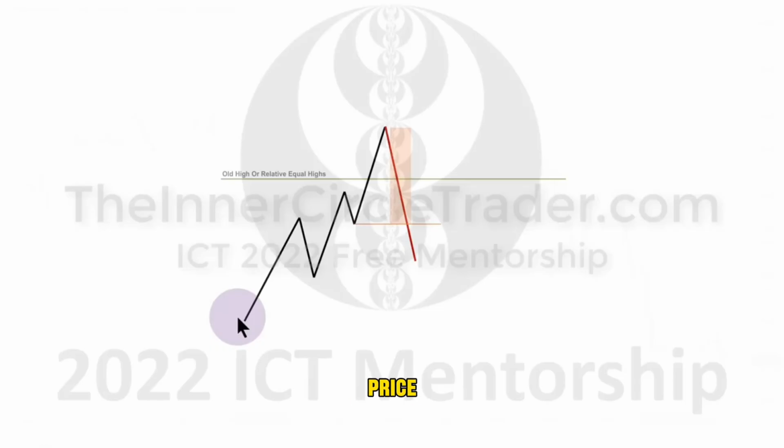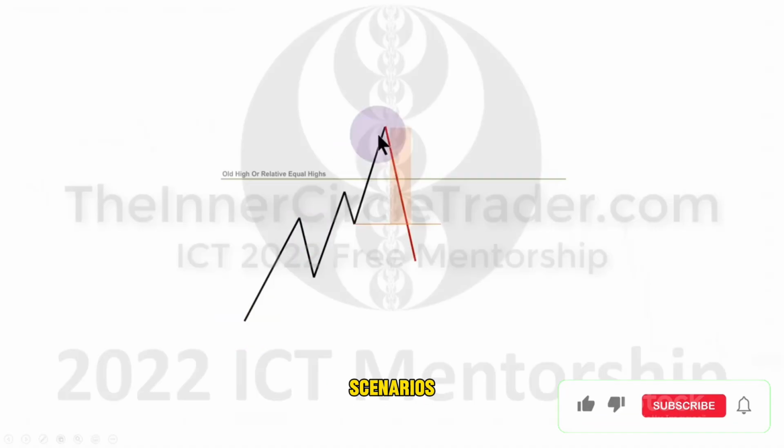What I was expecting price to do once it got down into that fair value gap, I'm watching this, that little arrow. I showed that little gap. I was expecting this type of movement to set up the run above those relative equal highs. But there was no movement here to set up that run either. So two scenarios that I would have loved to see develop just did not pan out. It just simply wasn't there.